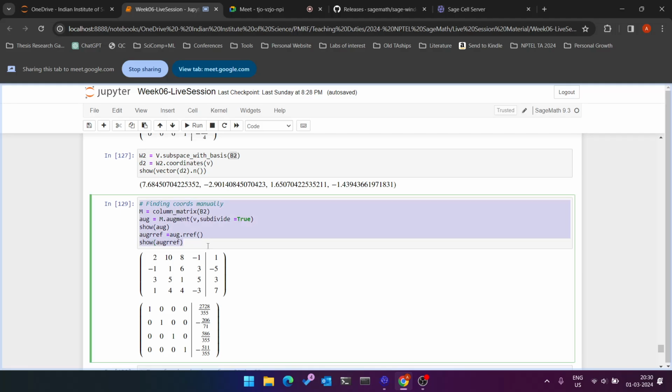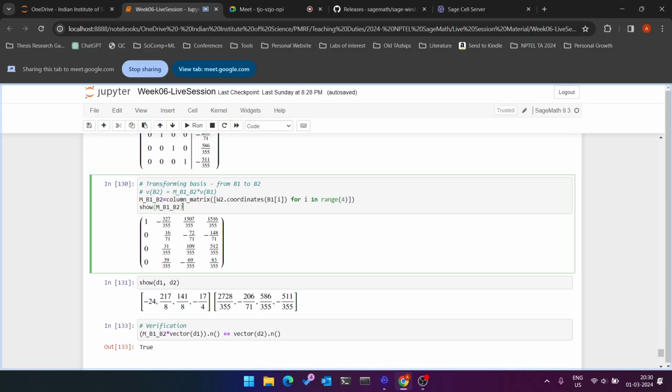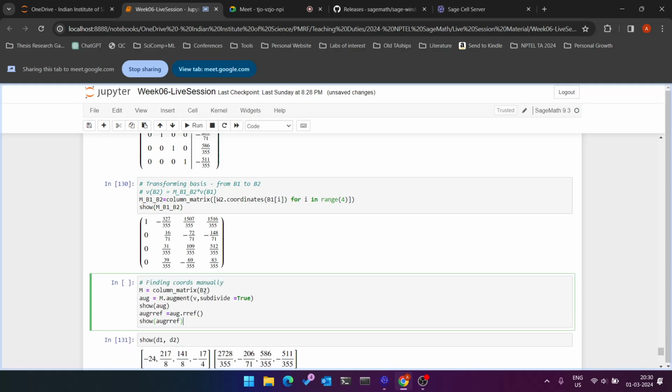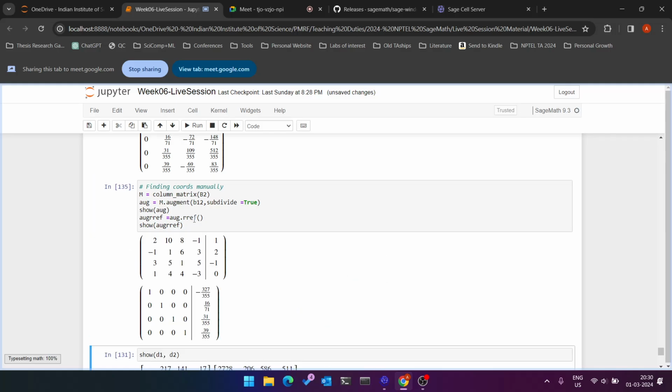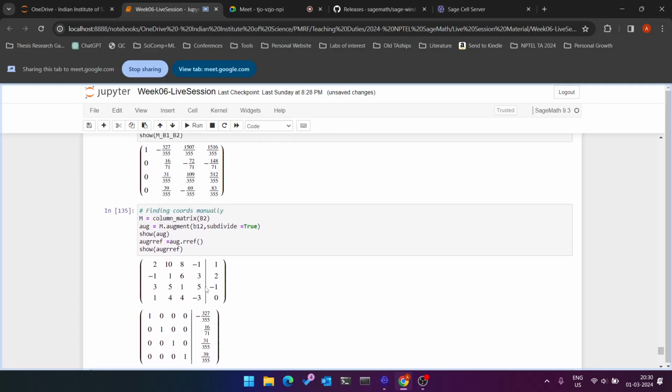Okay, if I want to see how this works manually, what I could do is, for B2, instead of adding B, check B1. So B11 is 1000. I do B12, and my augmented matrix, my row reduced echelon form, is these four values.